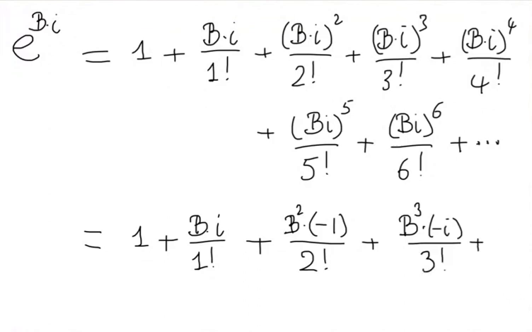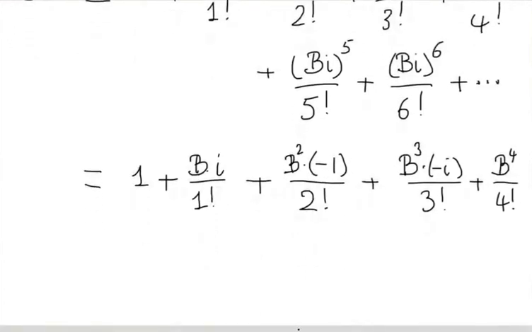And then b to the 4th times i to the 4th, which is 1. What about the next term? We have b to the 5th and then i to the 5th, which is i.